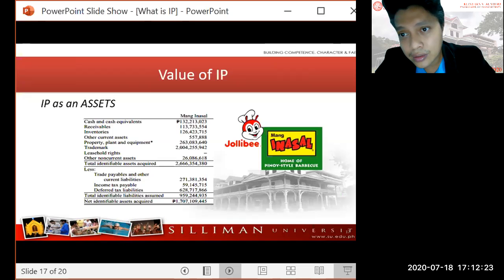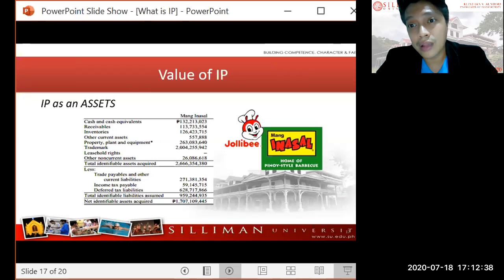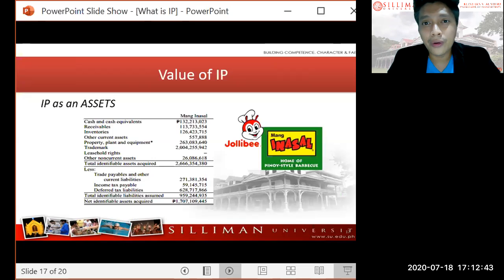Is that correct? 2 billion worth of trademarks. You can see it's much bigger compared to the other tangible assets. So you have to be very careful with your intellectual properties because they have a value.